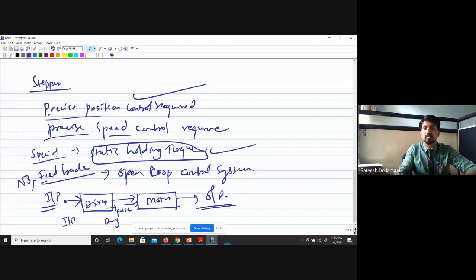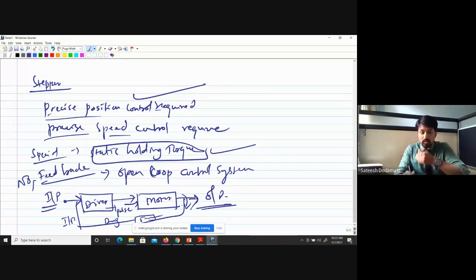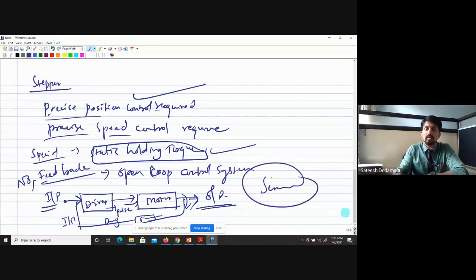As per these pulses, the motor will rotate a particular degree, and you get the output. If you connect feedback in this system, then it is called a servo motor. But here the feedback system will not be there. It is an open loop control system.